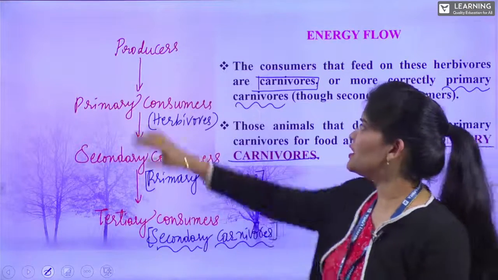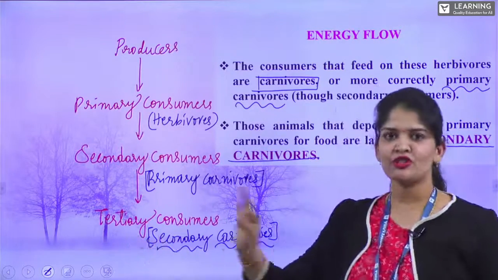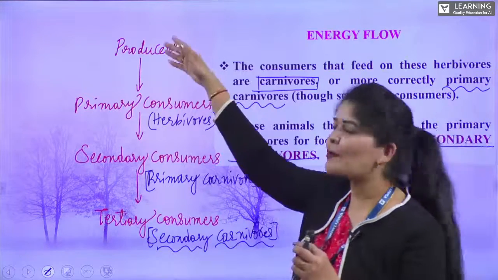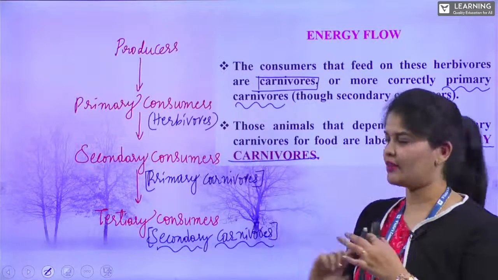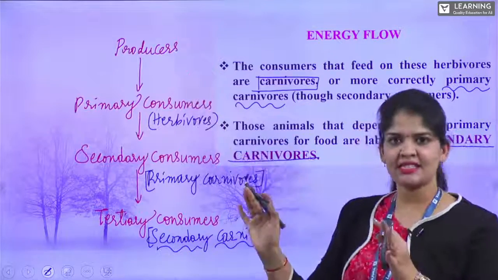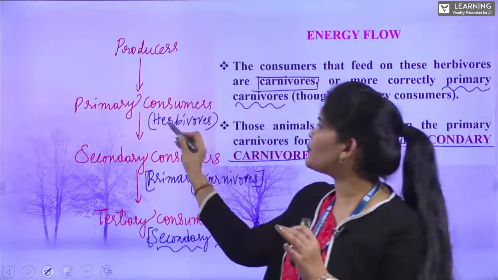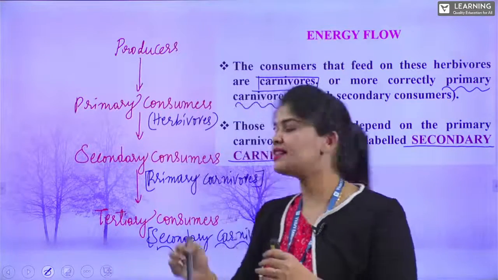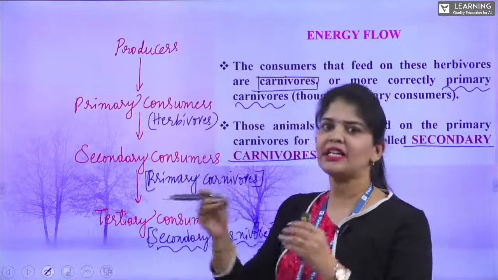So this is how the food chain continues, and the flow of energy takes place from one trophic level to another. Producers are nothing but plants. On the plants, herbivores feed. Herbivores consume the plants and therefore we call them primary consumers.